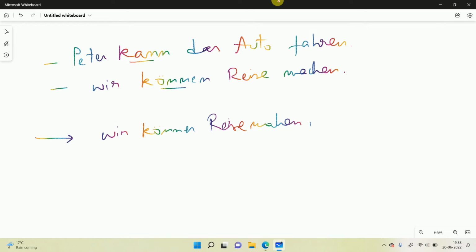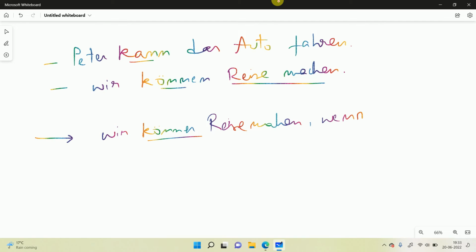You see, können is there, that is the modal verb. So the main verb is already switched to the end. The same thing happened here as well. Wir können Reise machen. Because the modal verb is there, the main verb goes to the end. So the same thing will come here.